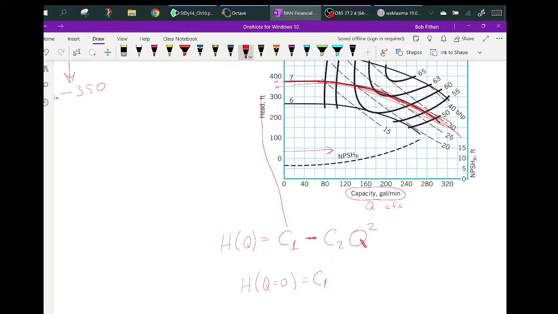It's equal to C1. Well, we just determined that that's 375. So that means the head as a function of Q is equal to 375 minus the second term.